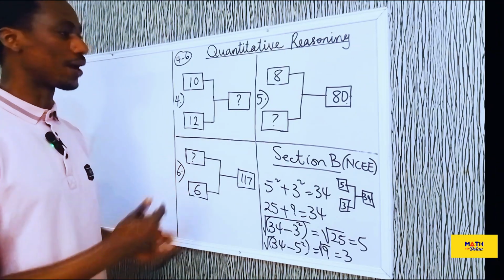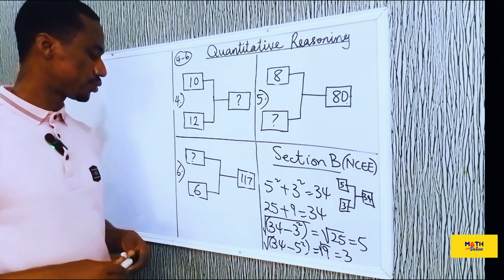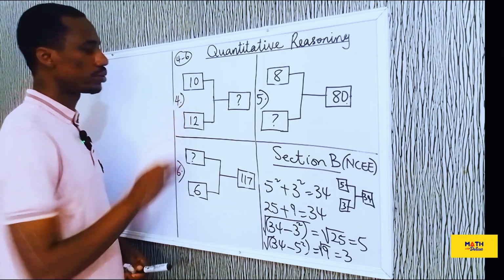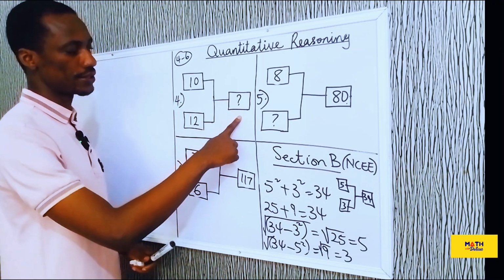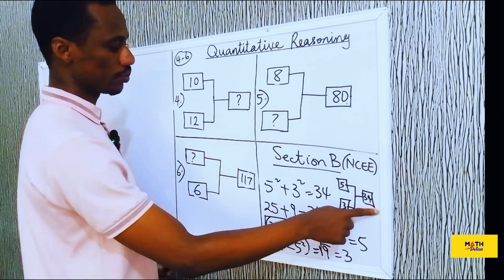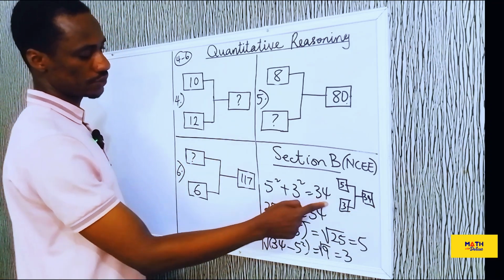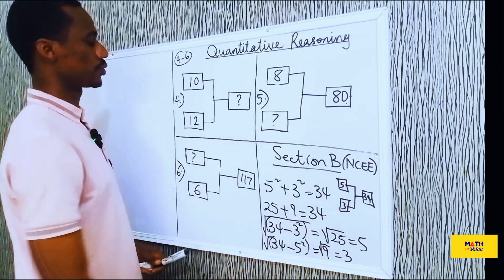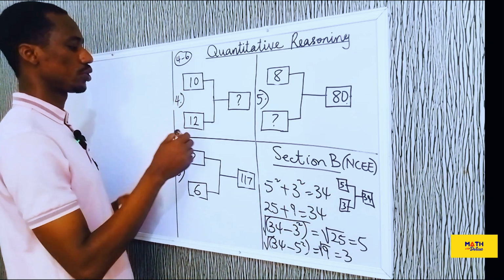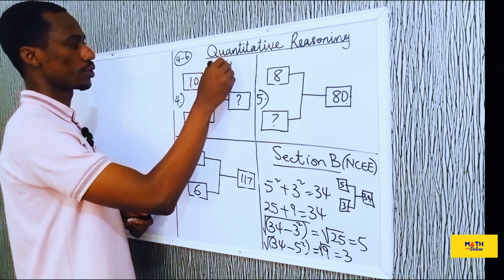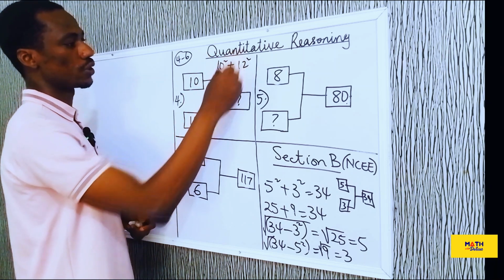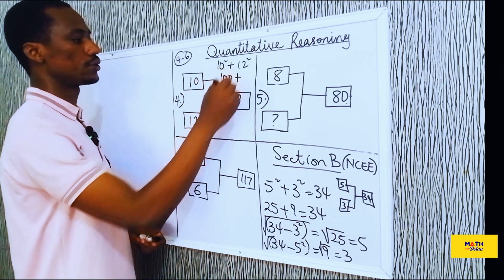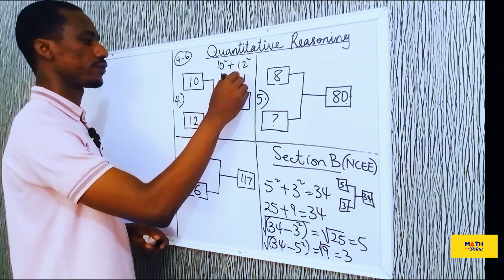So we have the questions now, questions 4 to 6. Let's take them one after the other. In question number 4, we have the final answer missing, the one in place of 34. How did we get the final answer 34? We did 5 squared plus 3 squared. So here we're going to do 10 squared plus 12 squared. 10 squared is 100, and 12 squared is 144.